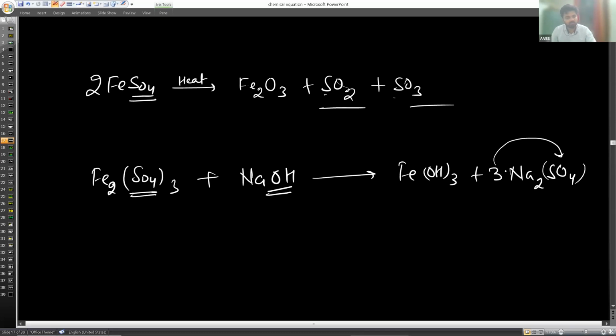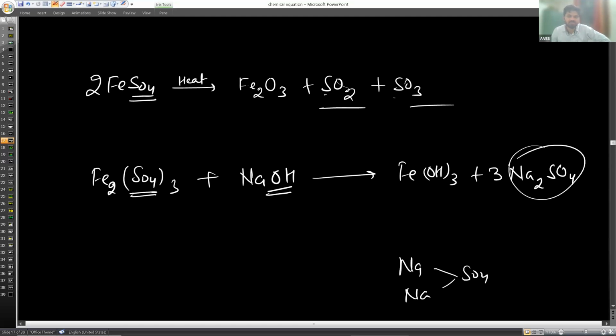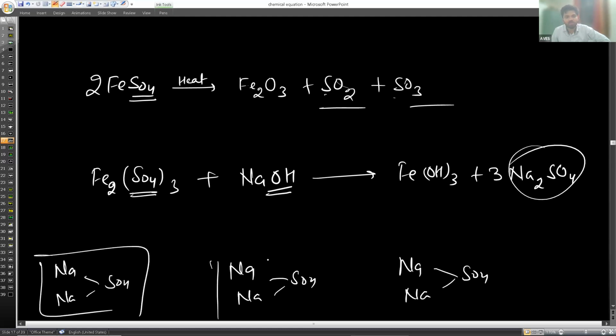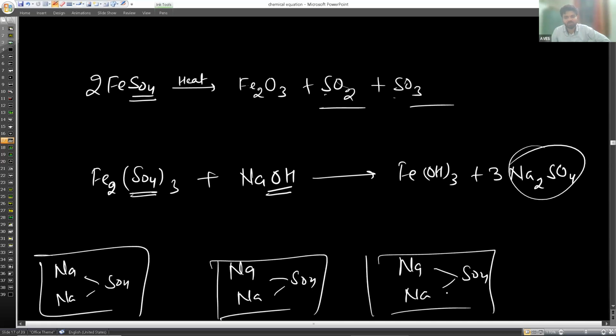Sodium sulfate means 2 Na and 1 sulfate ion. If we have three such molecules, in total Na2SO4 we'll have 3 sulfate ions and 6 sodium ions. Okay, got it?